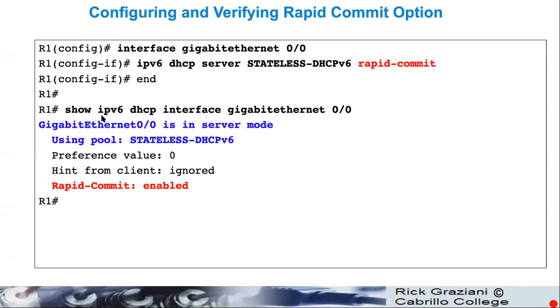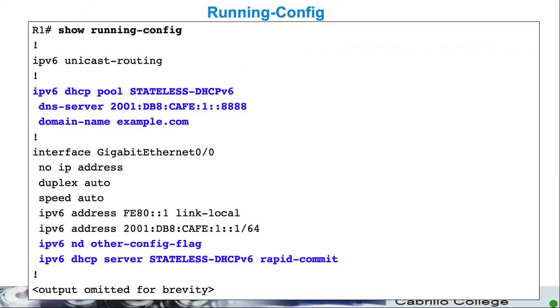And we can see when we do this show IPv6 DHCP interface command that it shows that it is enabled. We'll talk more about how to configure a router as a DHCP server in upcoming videos here.